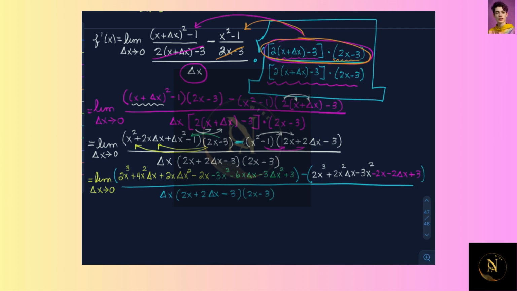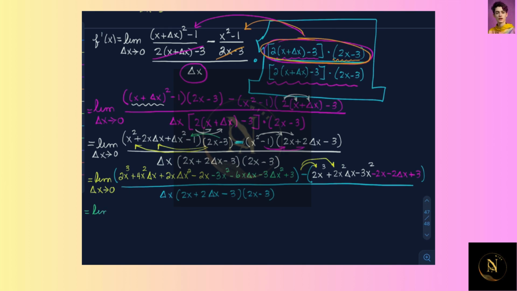I want to do some combining like terms and cleaning things up a little bit here. The first thing I'm going to do at this stage is distribute this negative throughout the entire quantity.